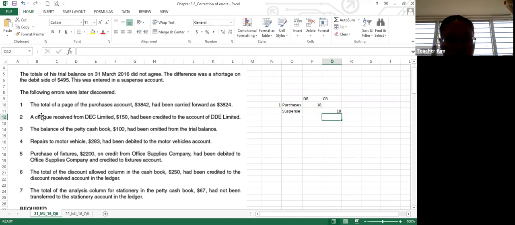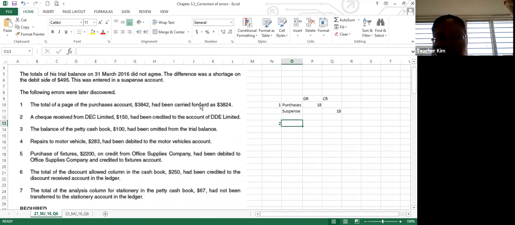Okay, the next is that a check received from DEC Limited, 150, has been credited to the account of DDE Limited. So the number two error, a check received from DEC credited, this is a different person's name. Check received means that the bank received money, this is a customer.